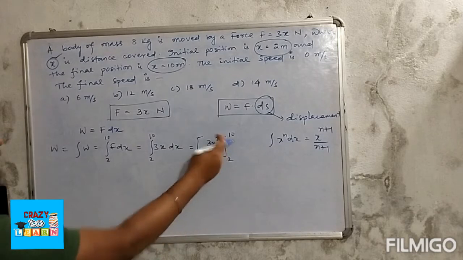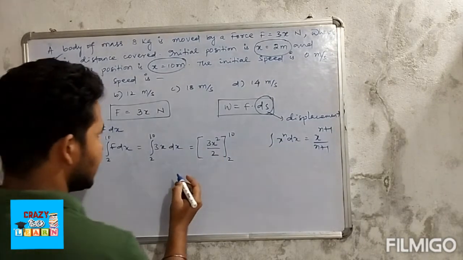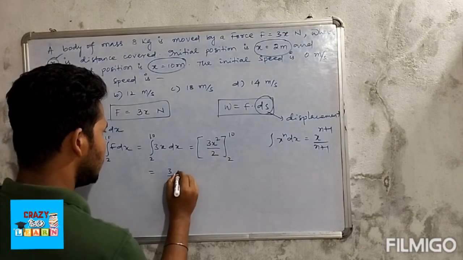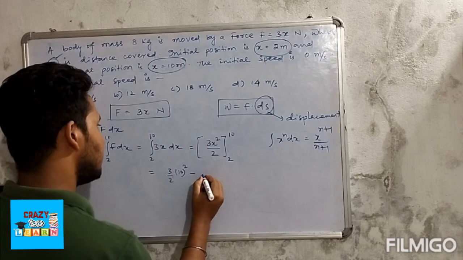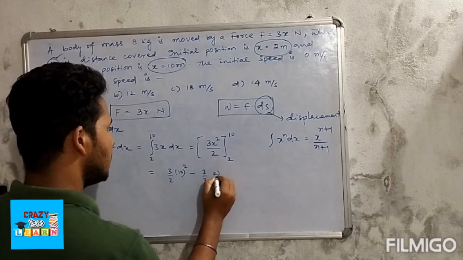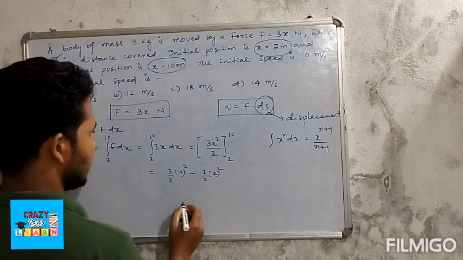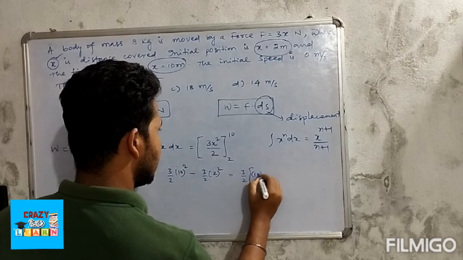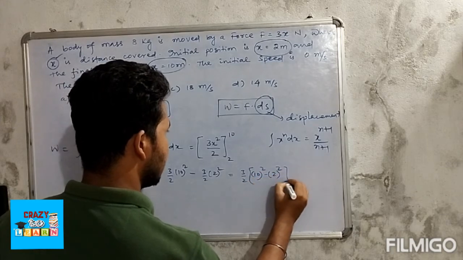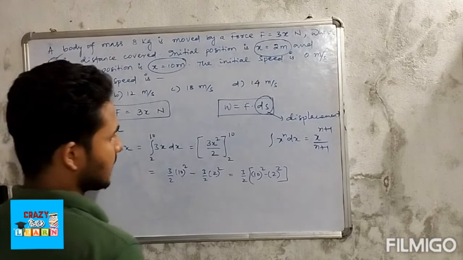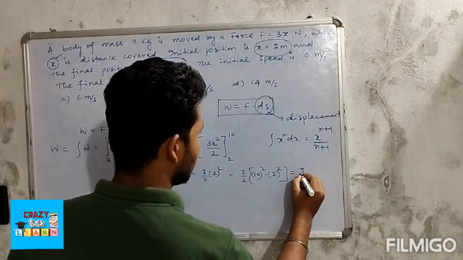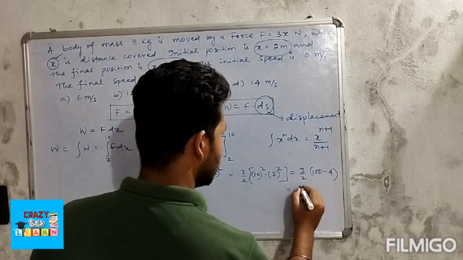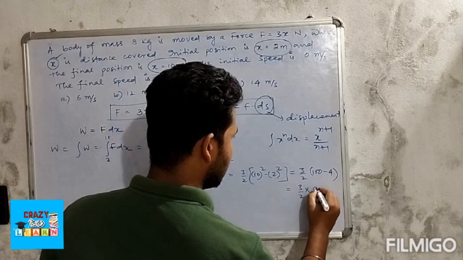When we put the values, we get 3 by 2 times 10 square minus 3 by 2 times 2 square. Taking 3 by 2 common, we get 10 square minus 2 square, which is 3 by 2 into 100 minus 4, which is 3 by 2 into 96.